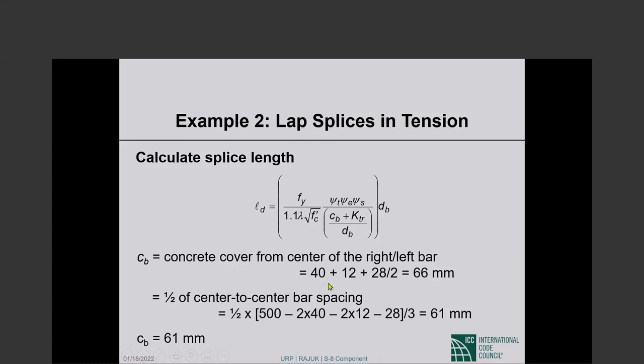Clear cover is 40 millimeters. 12 millimeter is the diameter of the stirrup or tie, the transverse reinforcement, plus half the diameter of the longitudinal bar. That gives us 66. Also, half the center to center spacing of bars.